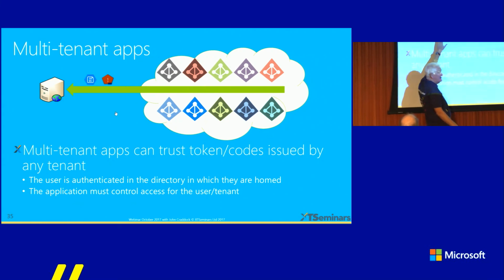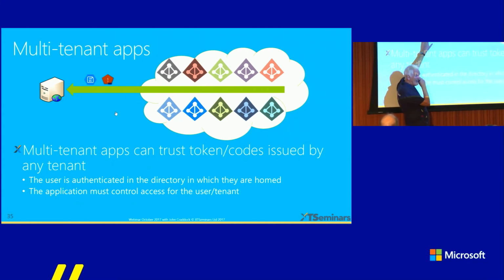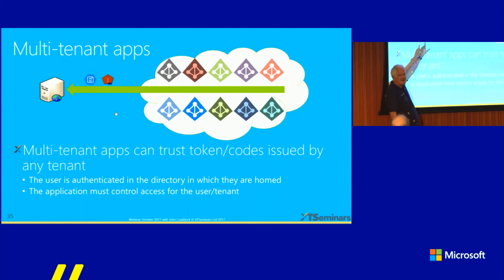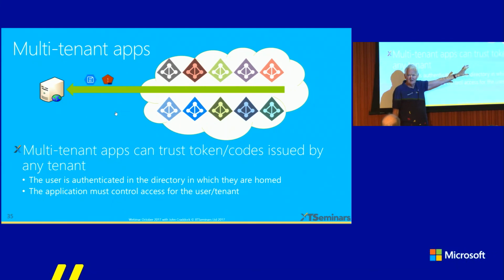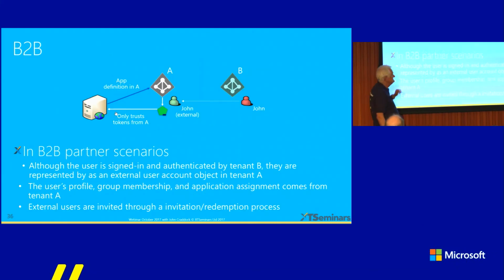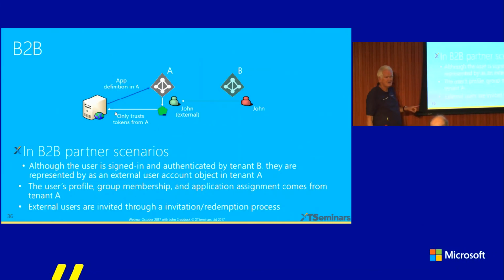Are we going to allow people from tenant B? The app needs to decide. Are we going to allow individuals from tenant B? The app will need to decide. But it gives you a very quick way of publishing an application that's available to every tenant in Azure AD.